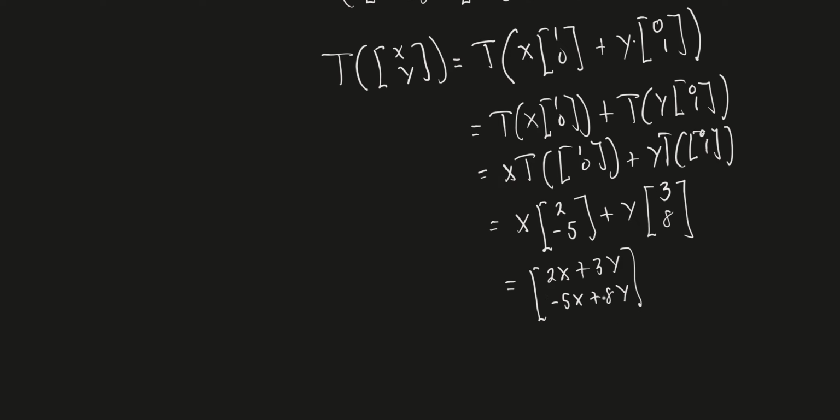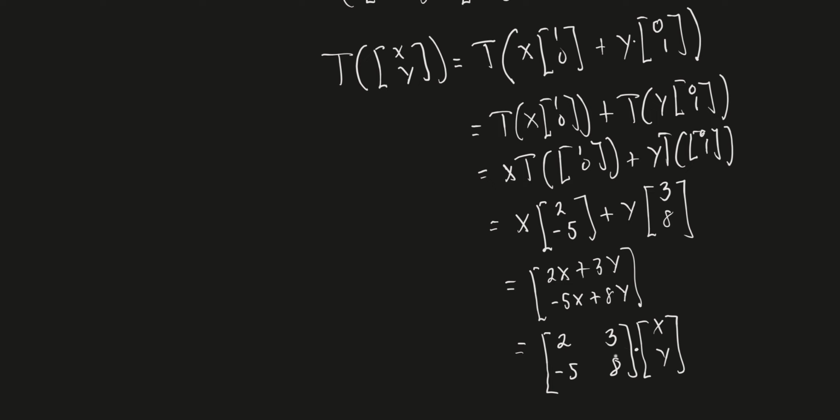So now looking at it in this form, here is the matrix form of the transformation. All we have to do is look at the coefficients of my entries. So 2, 3, -5, 8. And then if I put my (x, y) there as my column, there you go. Right? So now we've shown that this linear transformation can be performed by using this as its standard matrix and then my matrix multiplication.